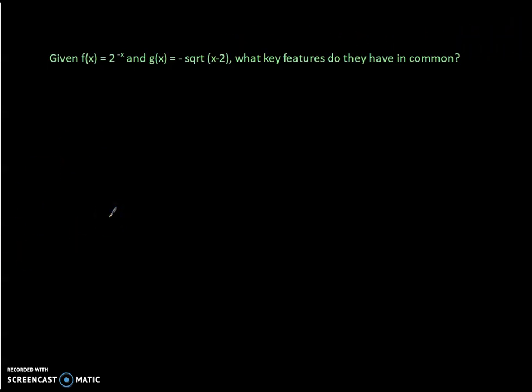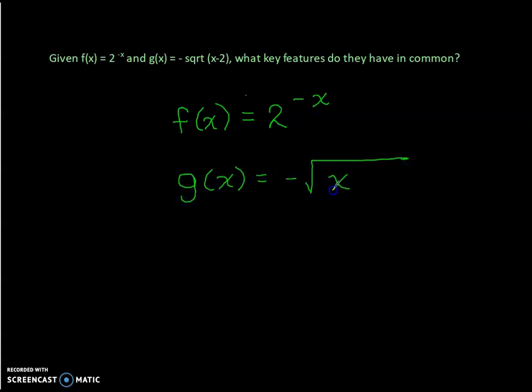Now that we are using Desmos, I'm going to follow that up with the second question. So given these two functions, I'm going to write it out because I didn't actually see the negative at first either. So f of x equals 2 to the negative x power, and g of x equals negative square root of x minus 2. So what I'm going to do is analyze the key features they have in common by checking their graph.